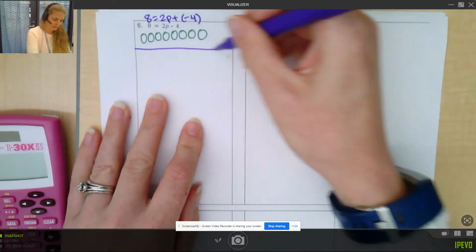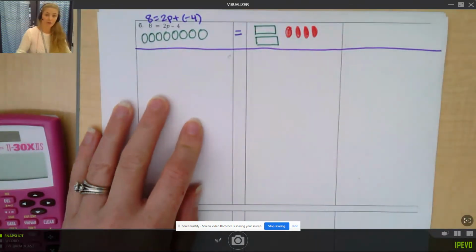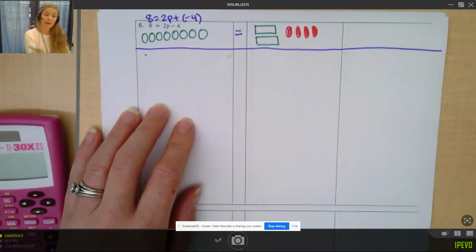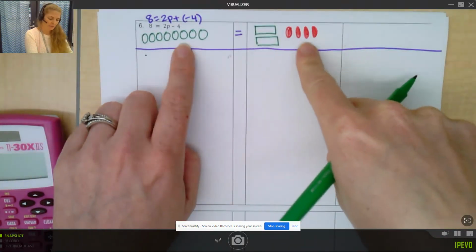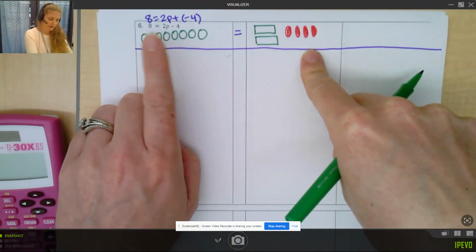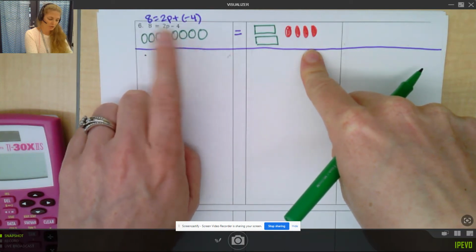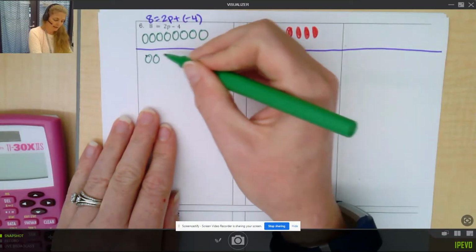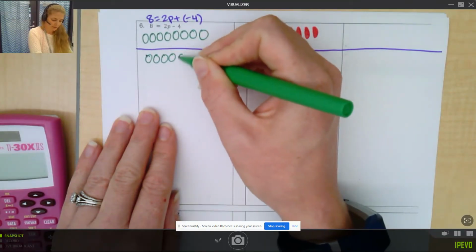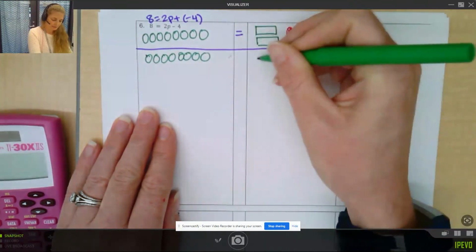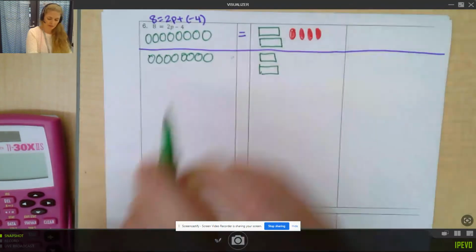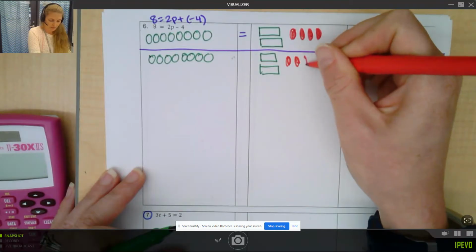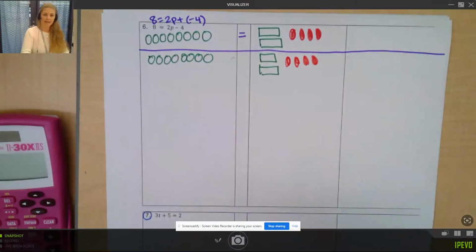And then, of course, that is our given, our original problem, and I'm going to rewrite that thinking about what my next step is, which is to add 4 positives to both sides. So I might want to group this as 2 groups of 4, or just as the 8, 1, 2, 3, 4, 5, 6, 7, 8. My 2 positive variables, and then my 1, 2, 3, 4 negatives.